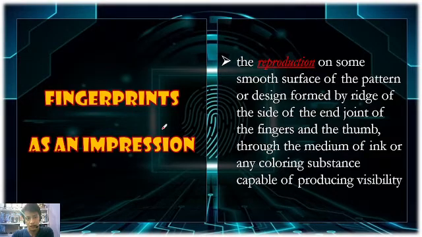But sometimes we can easily observe fingerprints depending on the surface, or the color of the surface wherein the fingerprint was impressed. So that could be one factor in order for us to easily locate fingerprints.